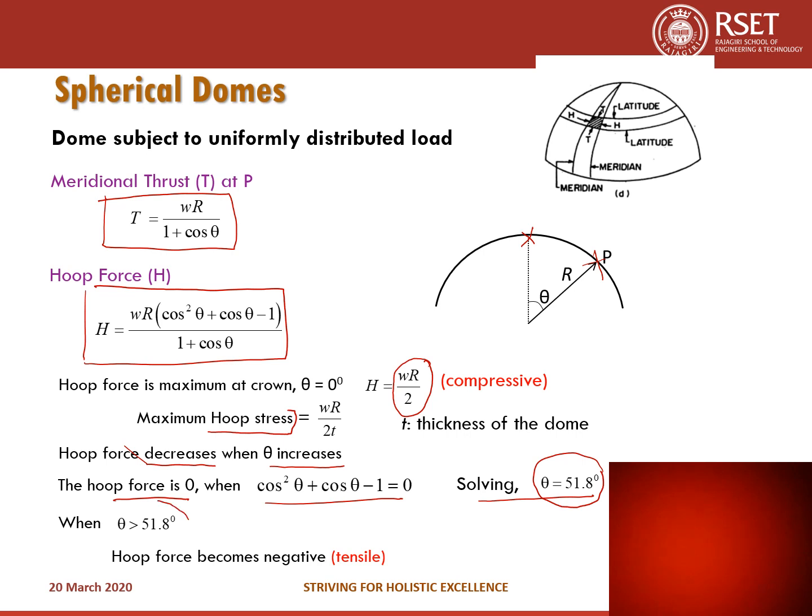When theta is greater than 51.8 degrees, the hoop force becomes negative, that means it becomes tensile. So at the crown the hoop force is maximum and compressive, and as theta increases it reduces to 0 at 51.8 degrees, and beyond that it becomes tension.